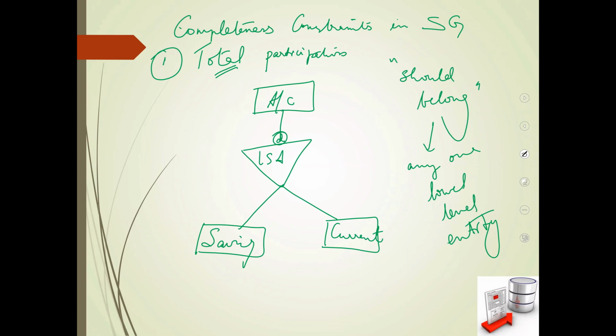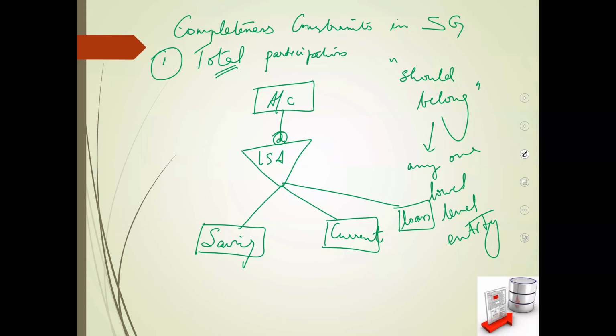Let's say we have one more, because there can even be loan accounts in a bank. An account should be a savings account, or a current account, or a loan account. You have no other accounts in the bank. It should be any of these.